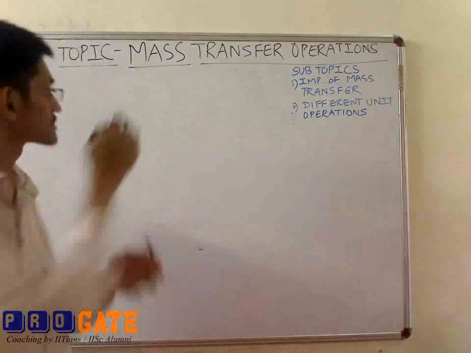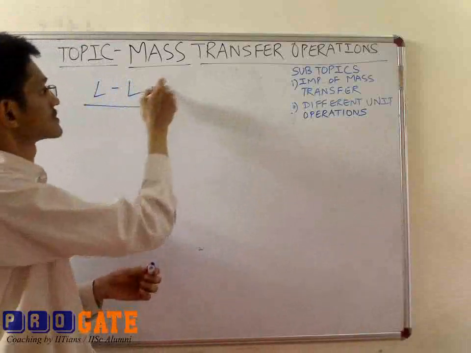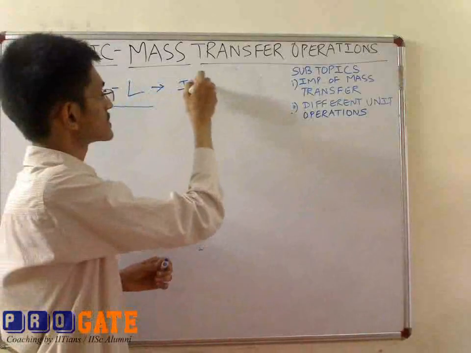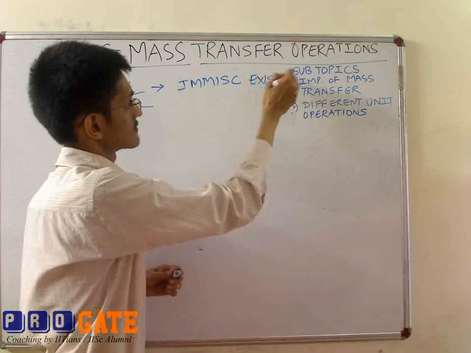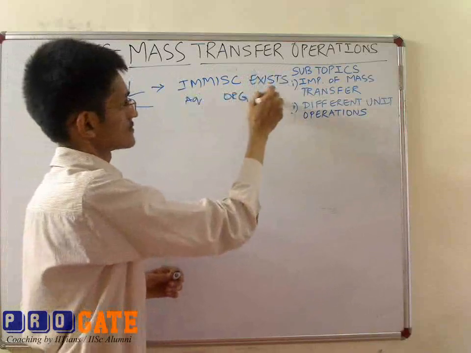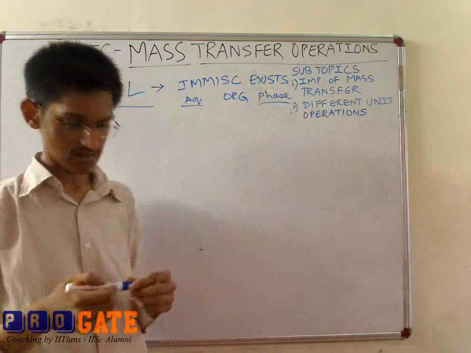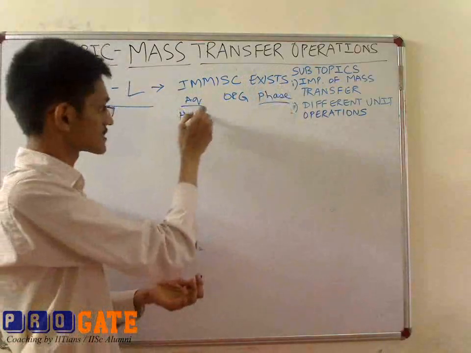Now it is the liquid. So liquid with liquid. So here the possibility of immiscibility exists. We have aqueous and organic which are immiscible. You can think of the examples. An aqueous phase, water definitely.